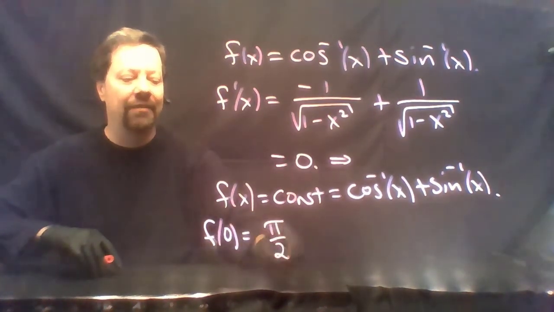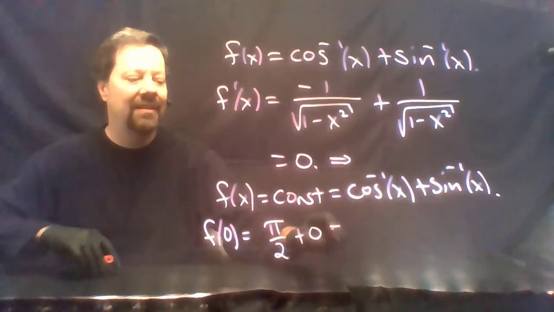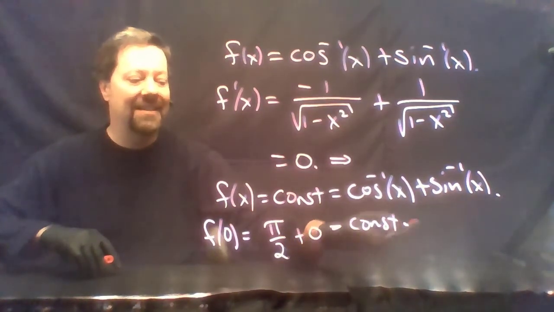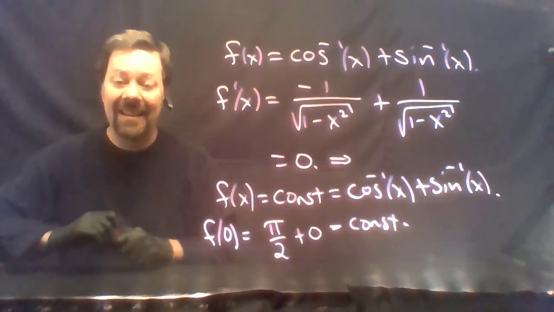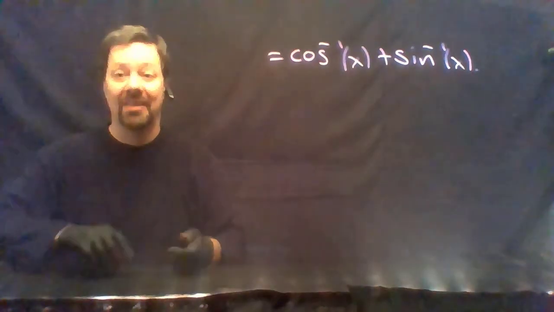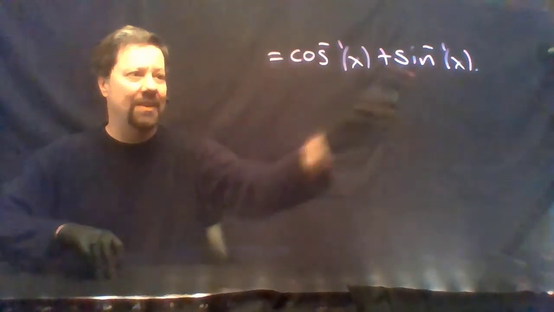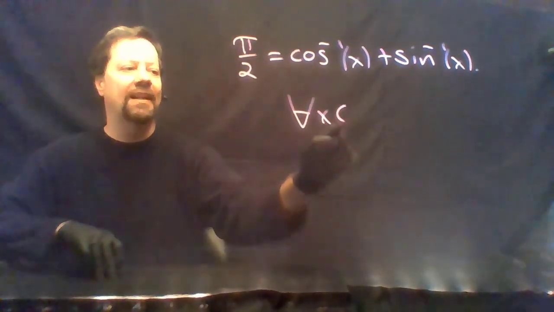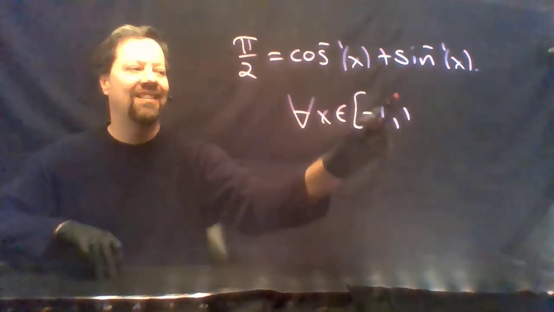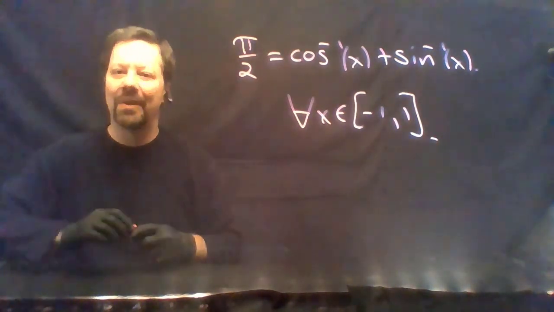That's pi over 2. So the constant is in fact pi over 2. We've just proved an interesting identity: inverse cosine of x plus inverse sine of x is pi over 2 for all x between -1 and 1, where these functions are defined.